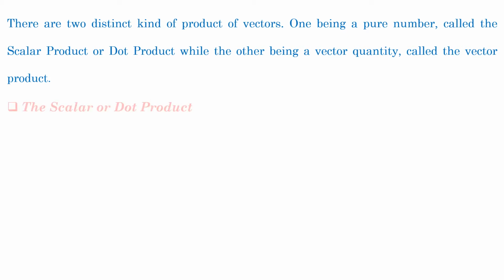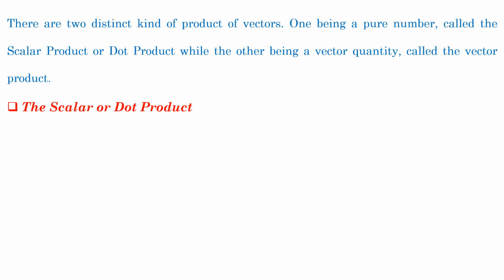Okay, so the scalar product means if you have two vectors, say a bar and b bar, having theta as the angle between them, then the scalar product is defined in this way.